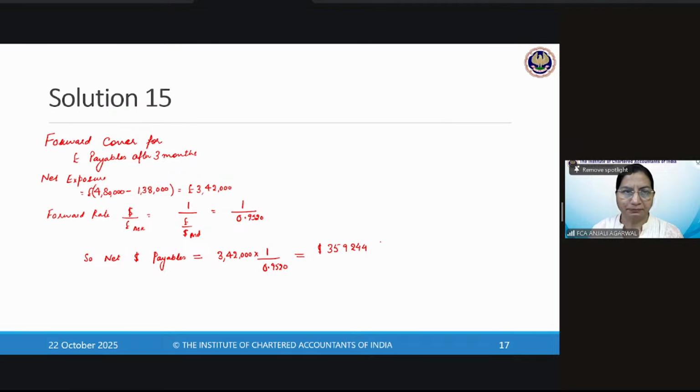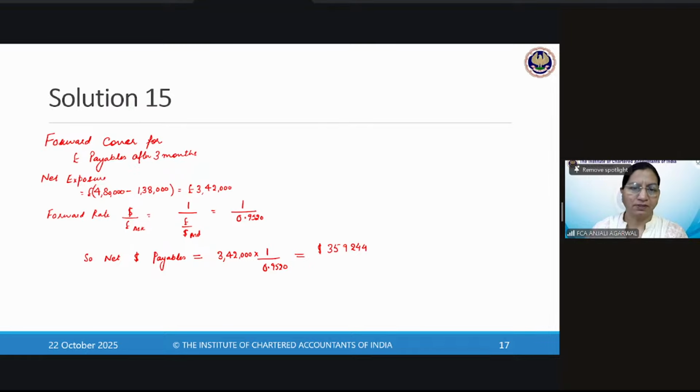Okay. You could have also done 1 divided by 0.9520, whatever the fraction comes, you can round off that and then multiply 342,000 into that figure. Whatever you get after rounding off, you might get a slightly different answer. So 245 would be a better rounding off in that situation or anywhere, right?